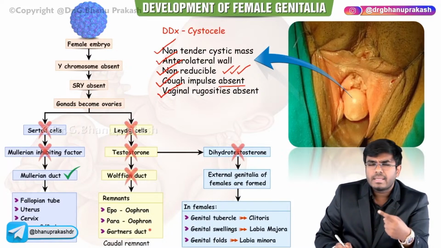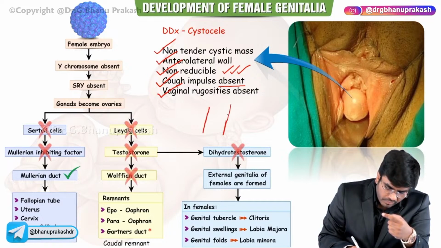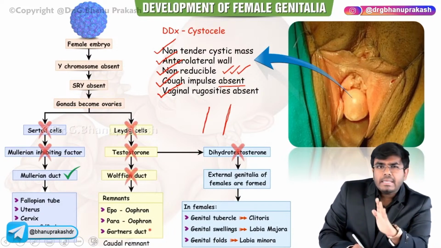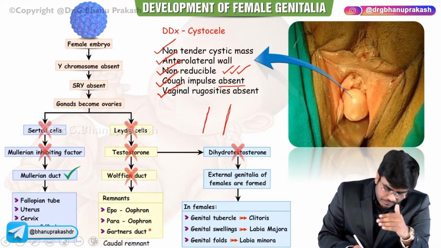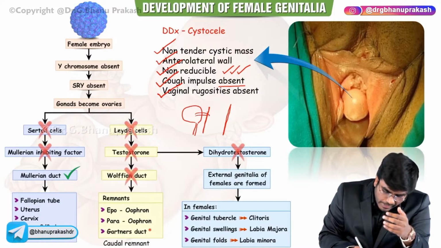What do I mean by that? Imagine that this is the anterior wall of the vagina and this is the posterior wall. We have already discussed the relationships. Anterior to the anterior wall of the vagina, you have the urethra, and here will be the bladder. What is cystocele? It is the bladder falling back.